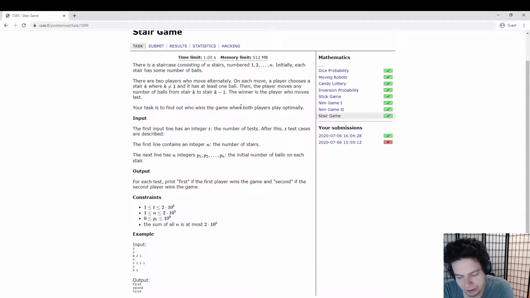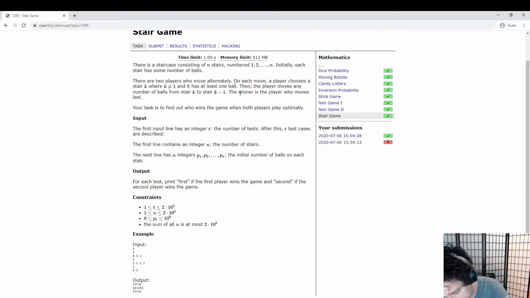And so now we're actually back to NIM, because the balls on the even stairs, you don't move them to stair number 1, you move them to k-1. But any ball that you move from an even stair moves to an odd stair, and we said that all balls on odd stairs are dead, they don't matter. So basically, you're playing NIM on the even stairs, because when you remove balls from even stairs, they're effectively dead.